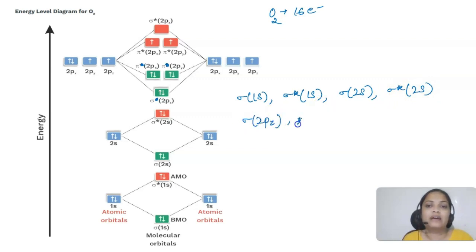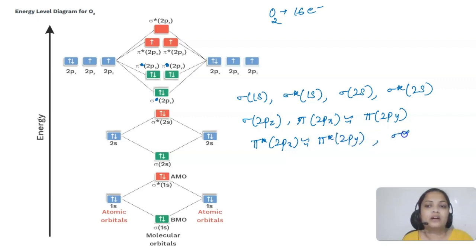Then pi 2px, pi 2py, then pi star 2px and pi star 2py, and then sigma star 2pz. Now start filling up the electrons. 16 electrons: 2, 4, 6, 8, 10, 12, 14.